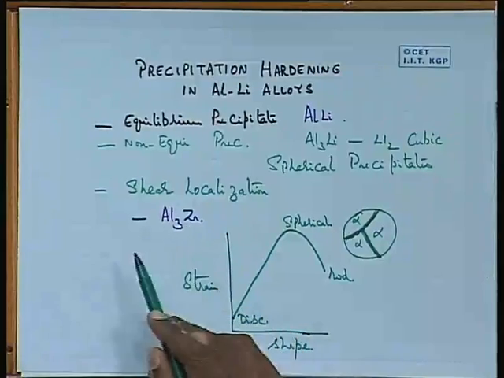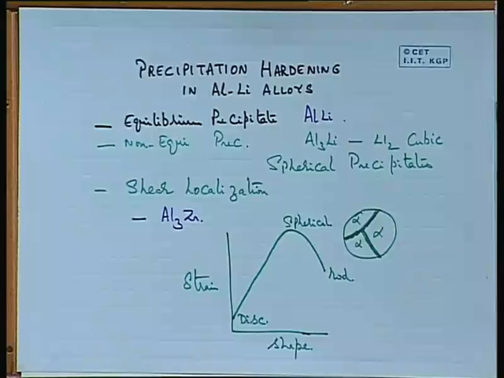So, in order to avoid this, people tried some additional methods. One of them is the addition of some zirconium to these aluminum lithium alloys. These are all alloy design criteria, on how to make the alloy stronger and at the same time sufficiently ductile. Zirconium is known to react immediately with aluminum in an aluminum alloy and form Al3Zr.